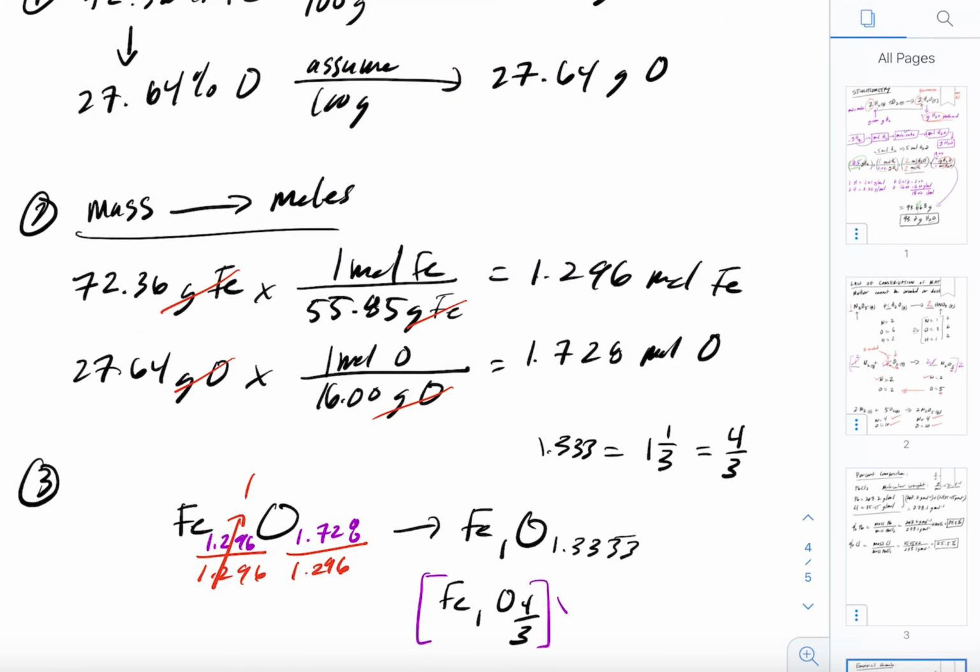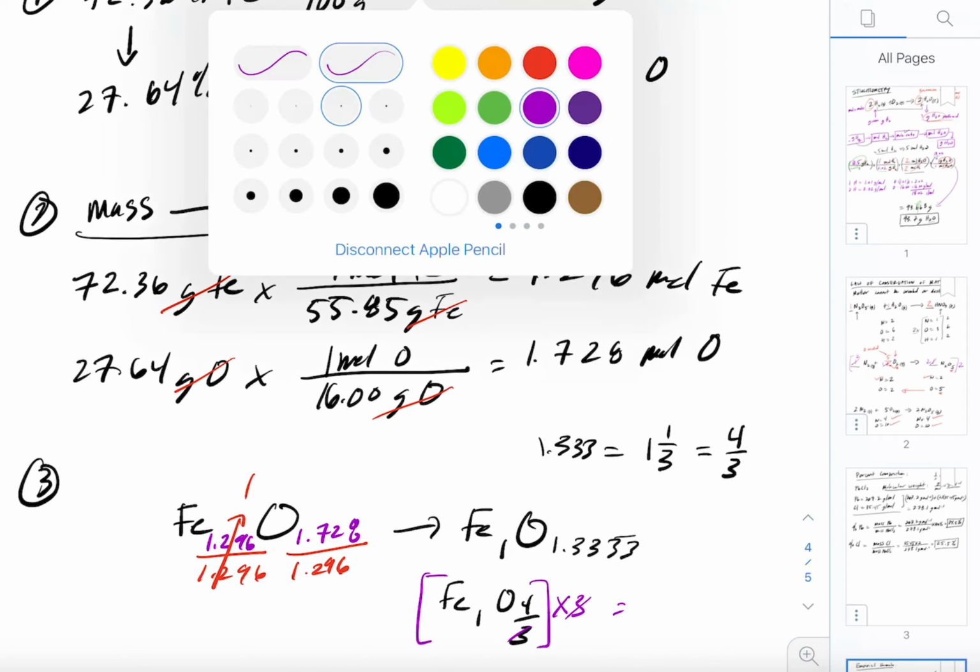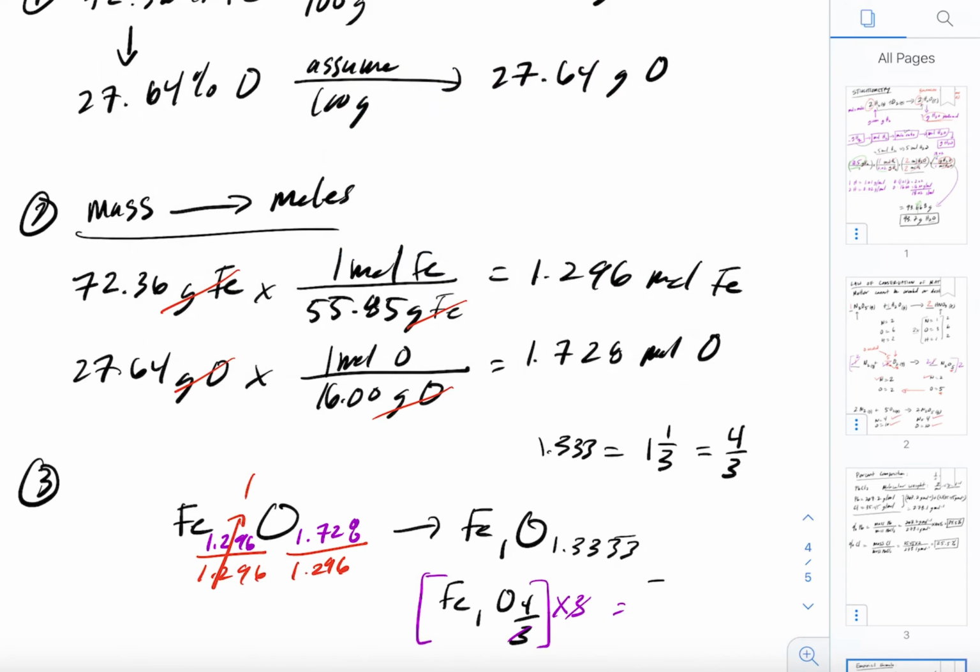So I'm going to multiply both coefficients by 3. That gives us iron 3, oxygen 4. And there you go.